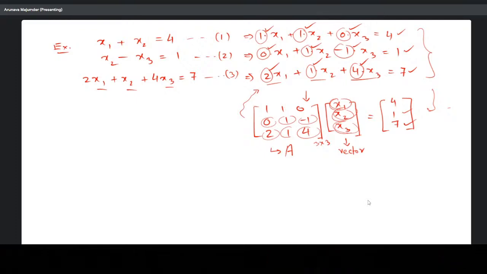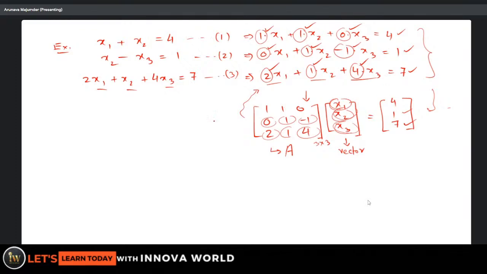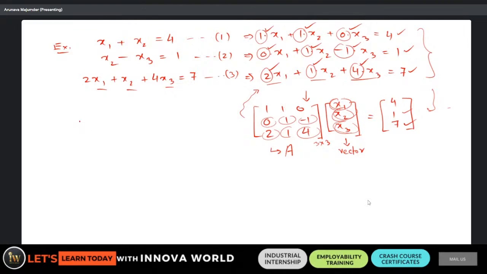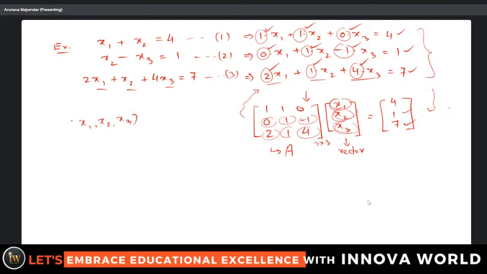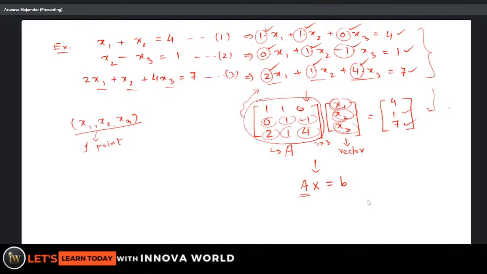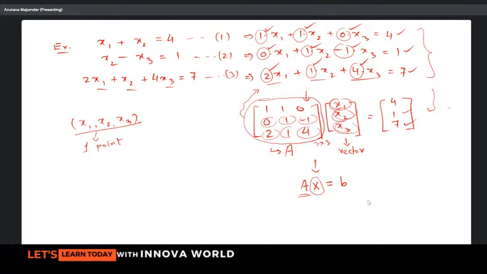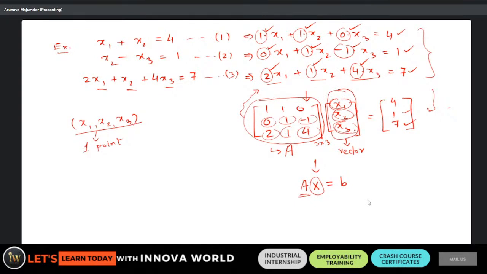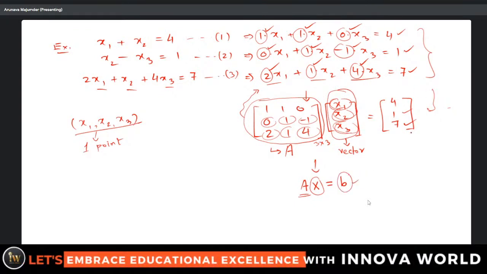If a solution exists, then x1, x2, and x3 together will represent one point. So x is a vector which represents this column matrix x1, x2, x3. And b is another column matrix, this one, 4, 1, 7.